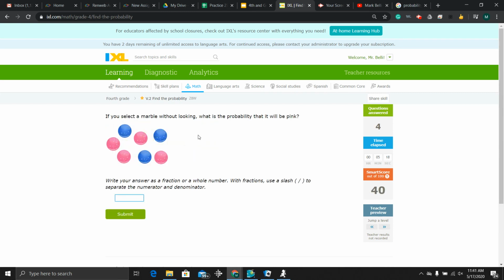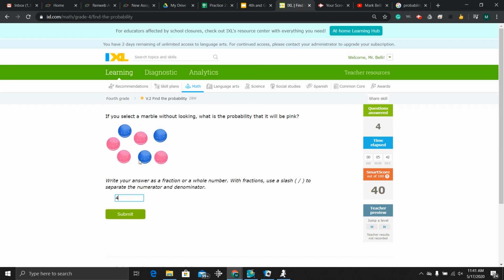Okay, last problem we're going to practice. If you select a marble without looking, what is the probability that it will be pink? We have 4 favorable outcomes here, right? So we put a 4 because there are 4 pink marbles.